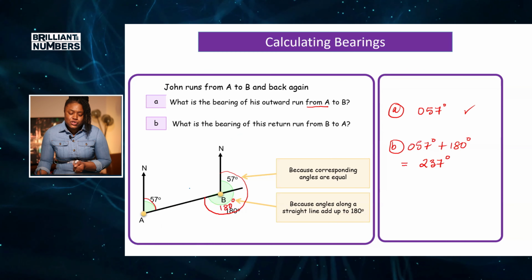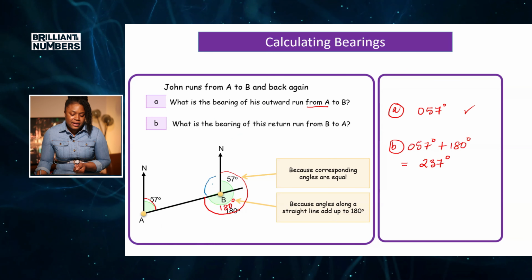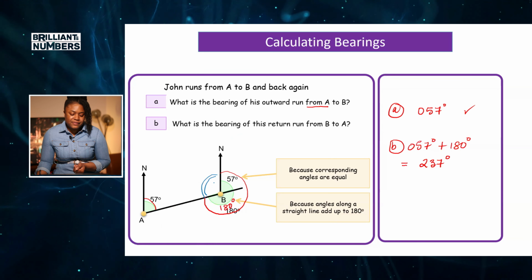So you could have also done this interior angle here. So these two angles, 57, I'm going to call this one X, also add to 180 degrees. So I could have also subtracted 57 from 180 degrees and then take that angle away from 360 as well. Because I know some people would have seen this and that's okay to do.